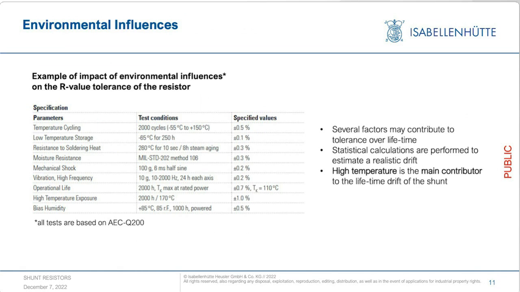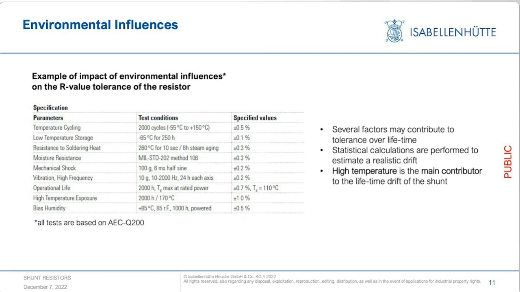Finally, we have to talk about the environmental influences on the R value tolerance of the resistor. In this table, you see a number of environmental tests which are defined in the AEC-Q200, which are performed for every qualification of a resistor or a resistor family.